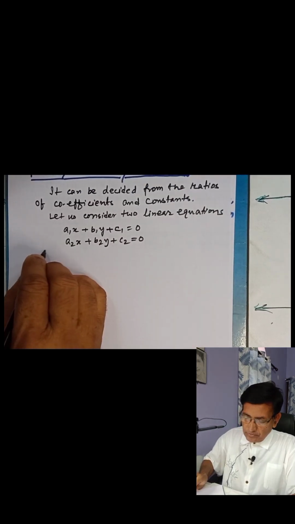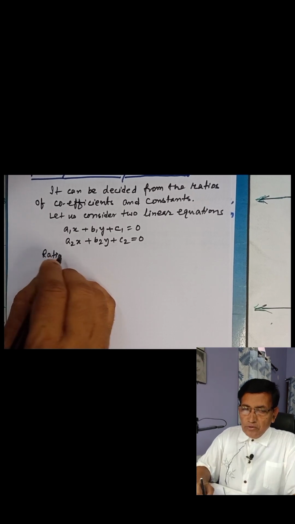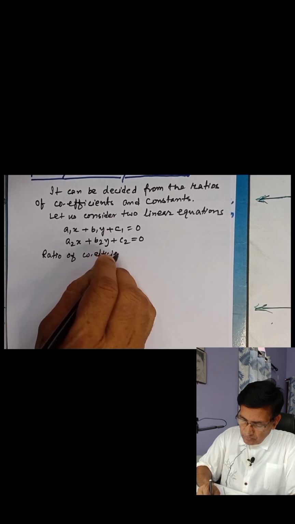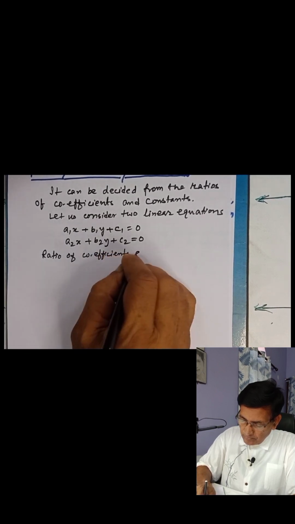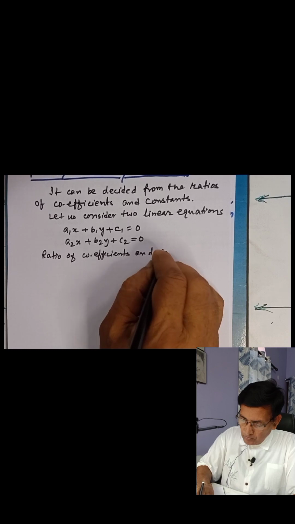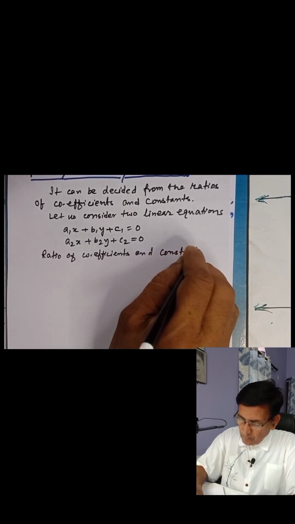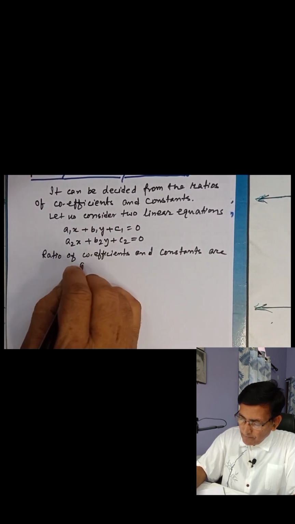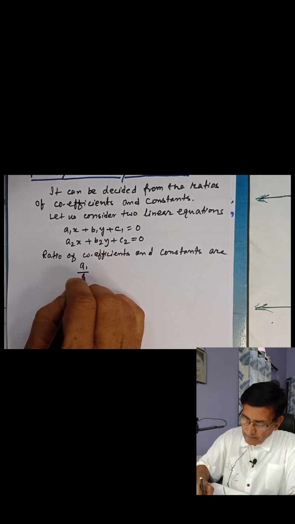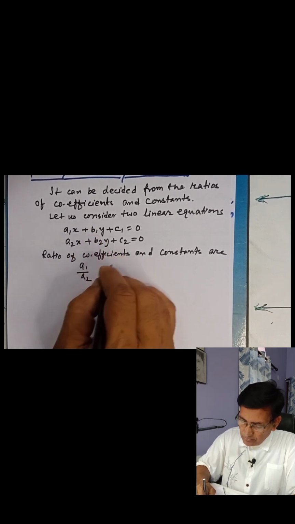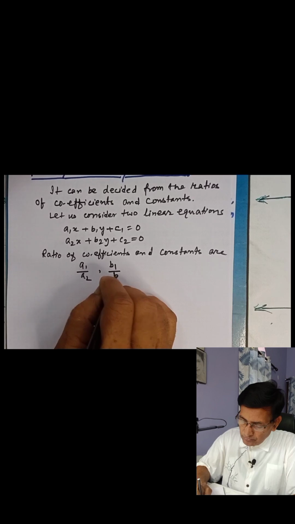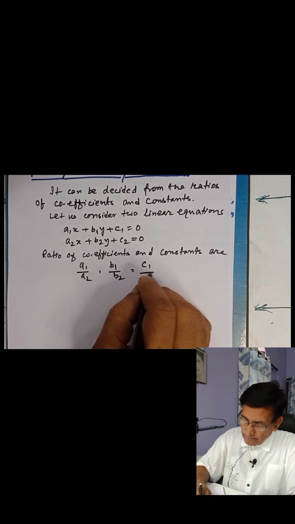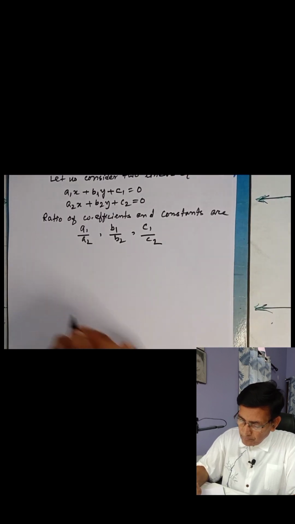Now the ratios of coefficients and constants are a1 by a2, b1 by b2, c1 by c2.